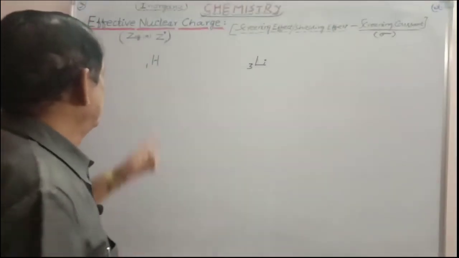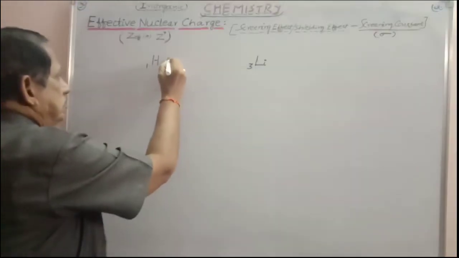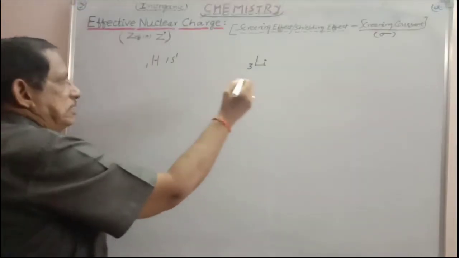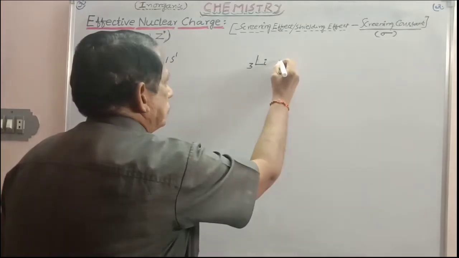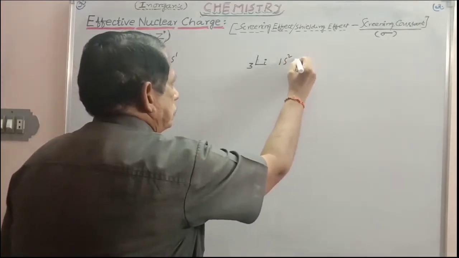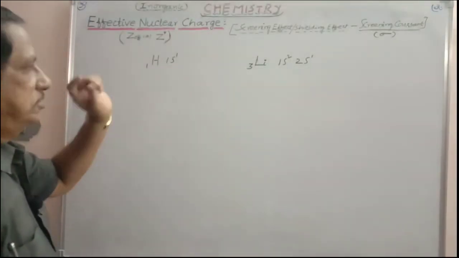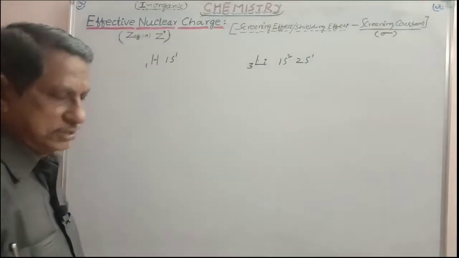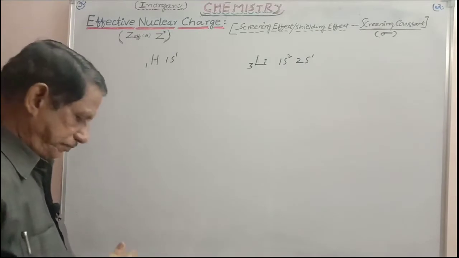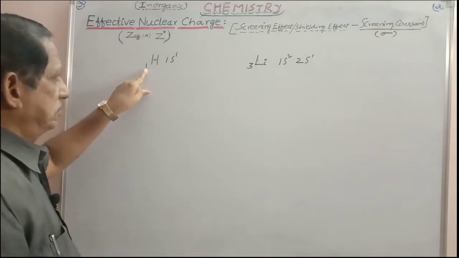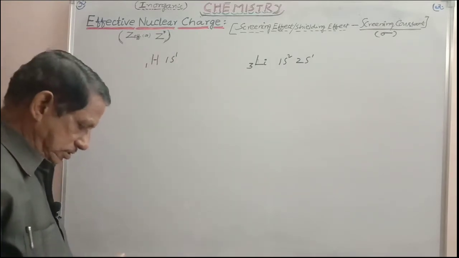Right? Electron configuration here is 1s1 and here is 1s2, 2s1. Here the valence shell is the first orbit, here the valence shell is the second orbit. The nuclear charge is 1 here, the nuclear charge is 3 here.